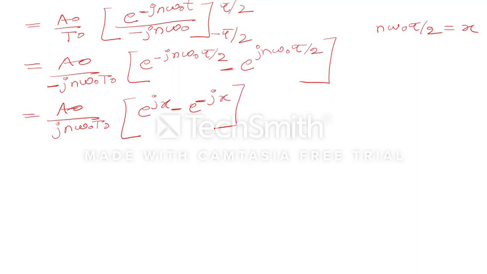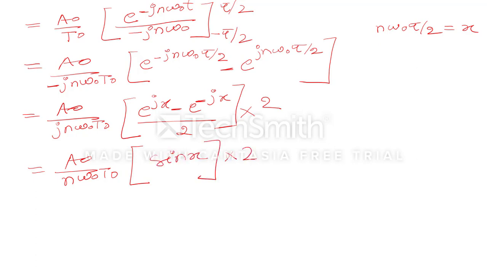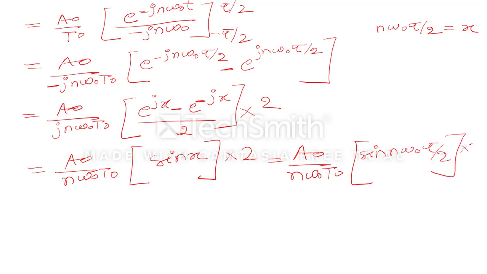We know the sine formula: e to the power jx minus e to the power minus jx, if we multiply by 2 and divide by 2 and take j common inside, becomes sin x multiplied by 2. So we can say a naught over n omega naught t naught, and in place of x we place sin of n omega naught tau by 2, with 2 multiplied with it.